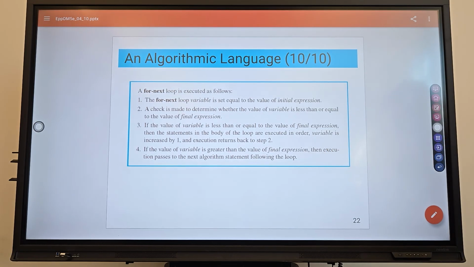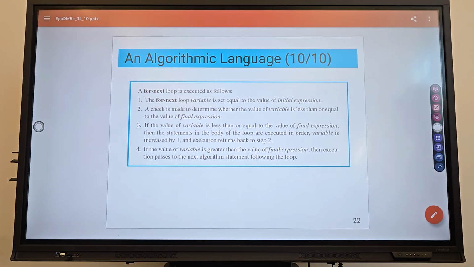So the variable is set to the value of the initial expression. Check to determine whether the value of the variable is less than or equal to the value of the final expression. If it is, then the statements in the body of the loop are executed in order.